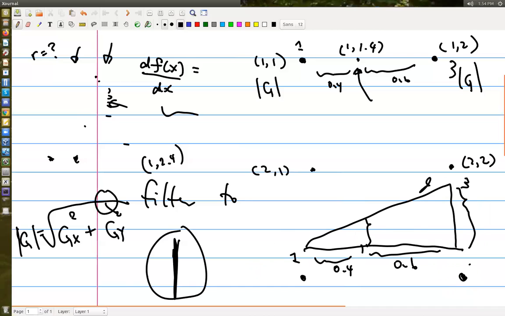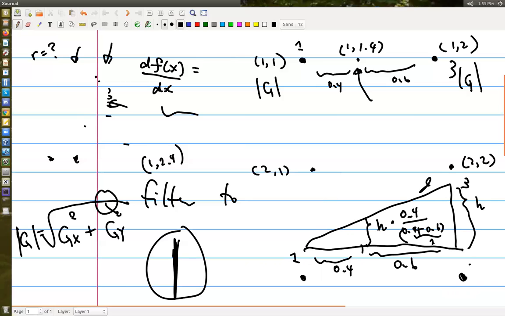this height, let's call it h, times 0.4 over 0.4 plus 0.6, which is actually just 1.